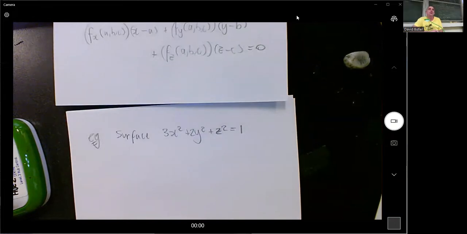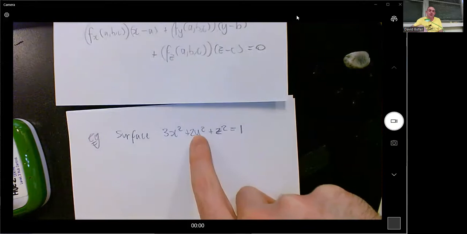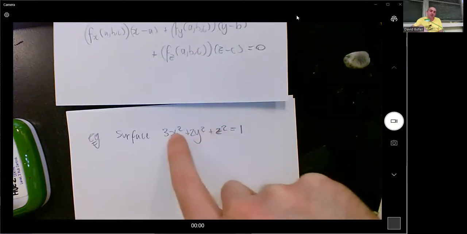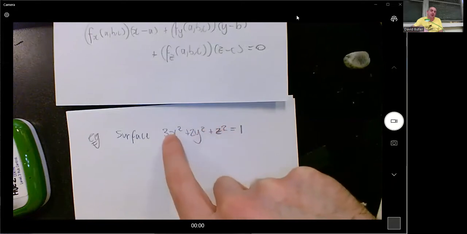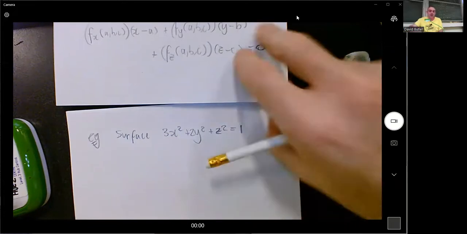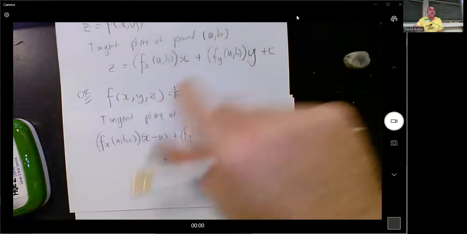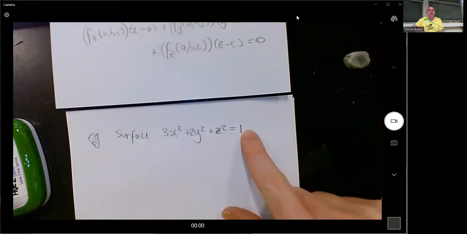It's like an ellipsy sort of shape, like a football. It's wider in the z direction than it is in the y direction, it's narrower in the y direction than it is in the z, and it's even narrower in the x direction, just in case you're wondering. This surface is one of these. We have a calculation involving x, y and z, and it produces a specific answer.